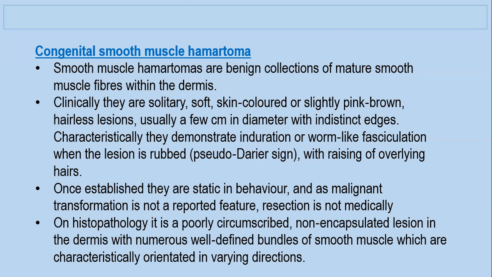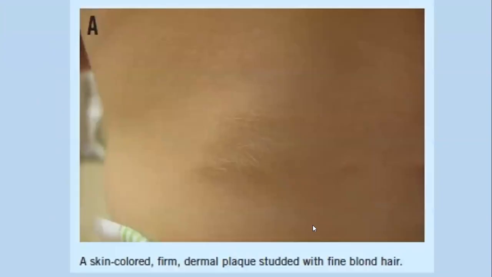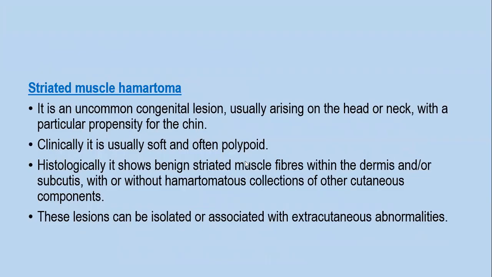On histopathology, it's a poorly circumscribed, non-encapsulated lesion in the dermis with numerous well-defined bundles of smooth muscles which are characteristically oriented in various directions. This is a clinical look of a smooth muscle hamartoma with blonde hairs.